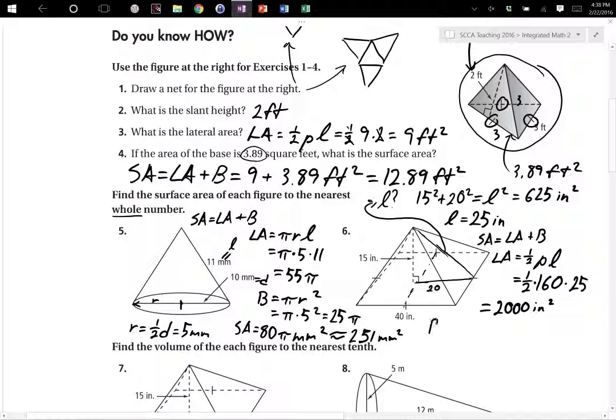Now, what's my base? My base area is going to be 40 by 40. So I get 40 squared, which is 1,600 inches squared. And so that gives me a surface area of 3,600 inches squared.